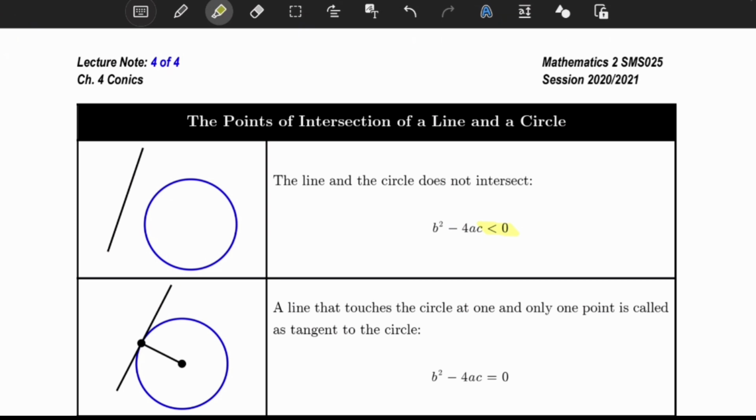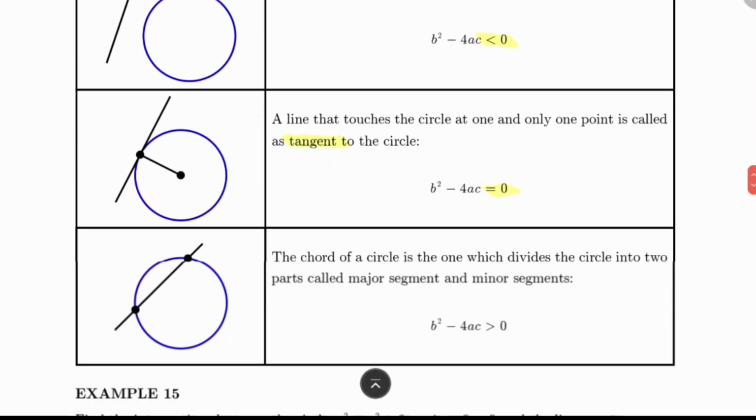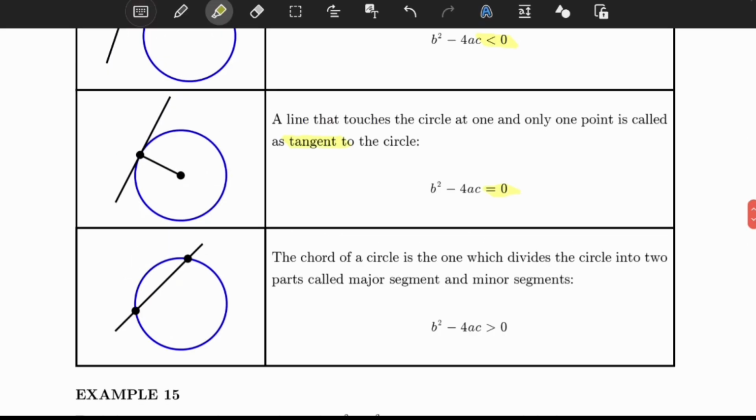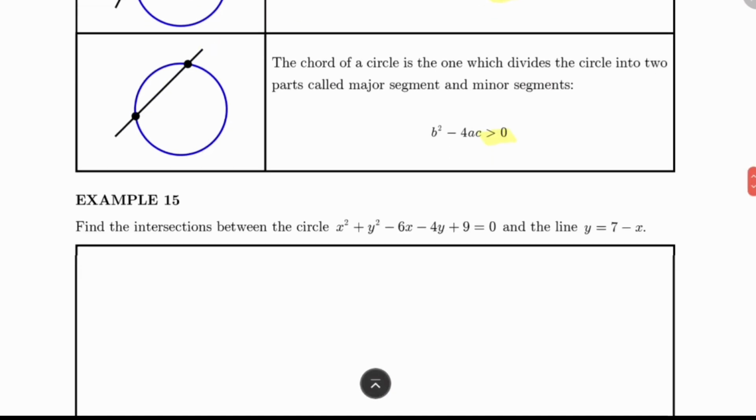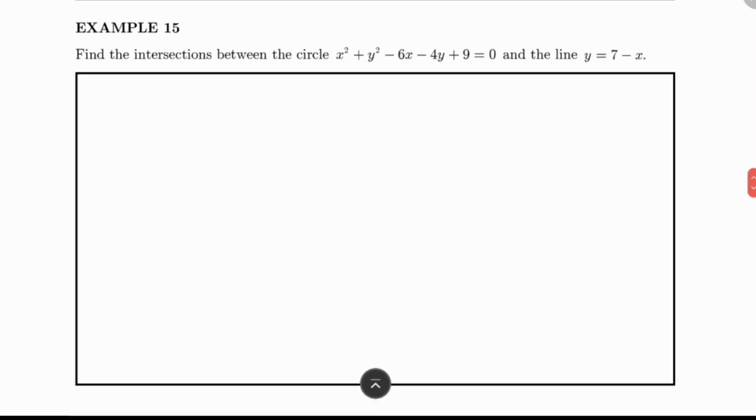And if the discriminant's value equals 0, that line touches the circle at only one point, and we also know it as a tangent to the circle. And the third case, if we get a value greater than 0, it means we have two intersection points. So let's proceed to example 15.